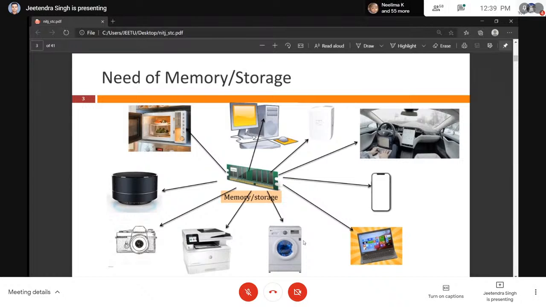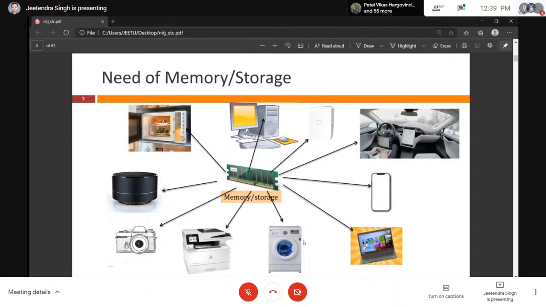Secondary memory is the storage memory, it may be flash or the hard disk. Each and every device, gadget or appliance, it may be automobiles, computers, mobile phones, printers, speakers, everywhere you can see that there is a memory part, and when the memory storage capacity is increased, the value of that gadget will also increase.